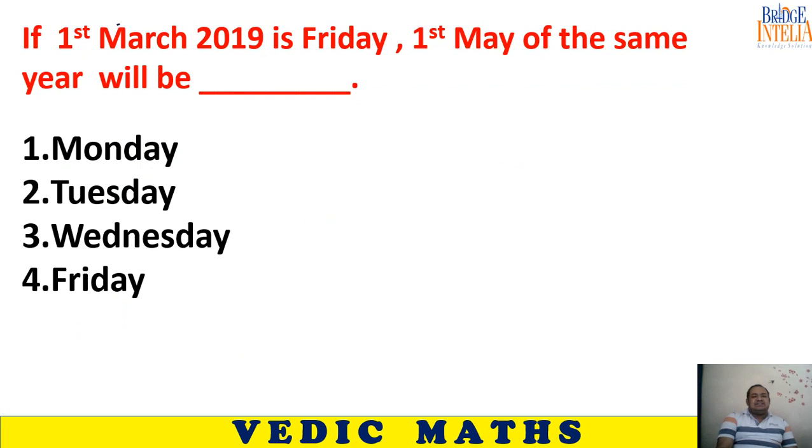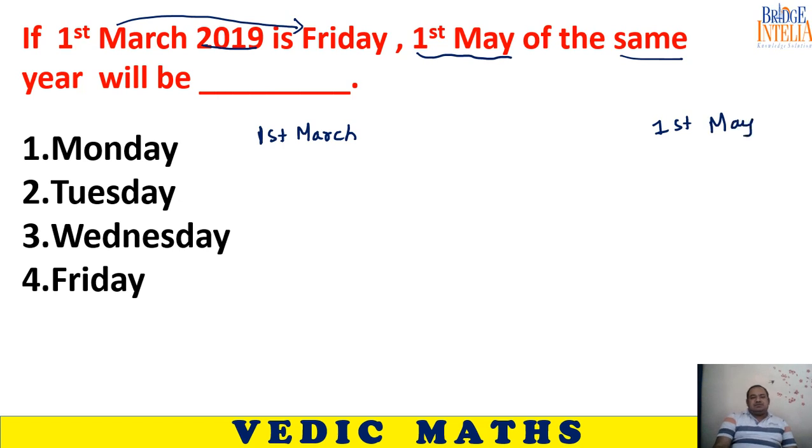If 1st March 2019 is Friday, you start counting from 1st March and you stop counting on 1st May of the same year, 2019. So you start in March and stop in May, so February is not involved in between. You don't have to worry whether it is a leap year or not because February is not involved.